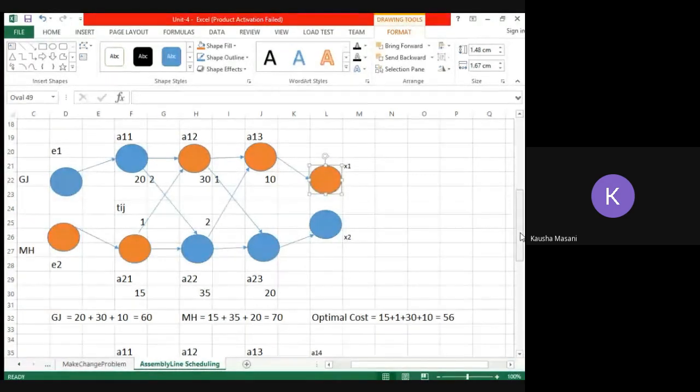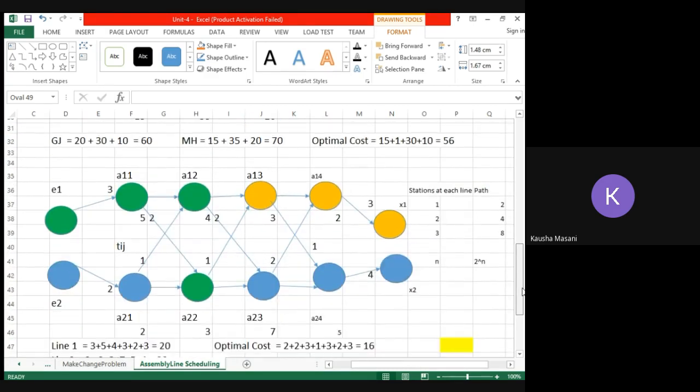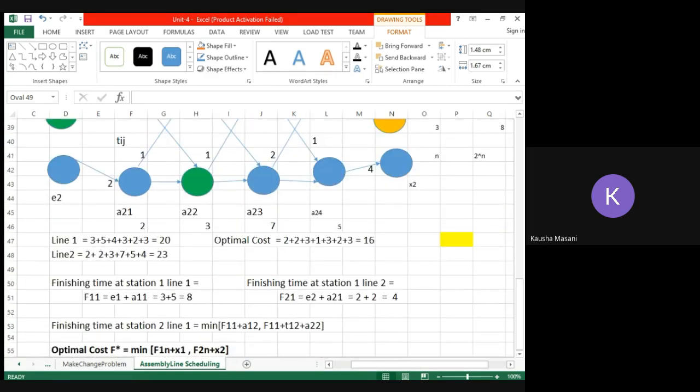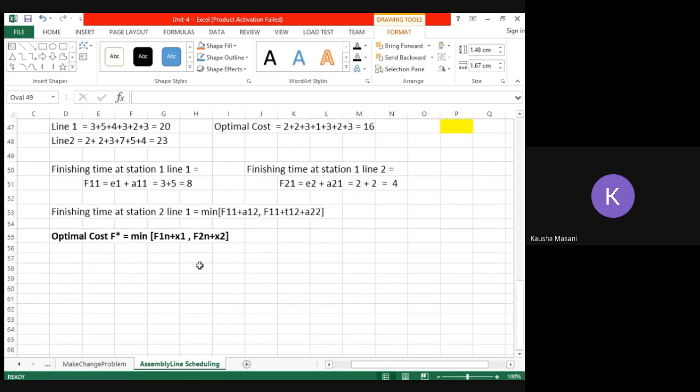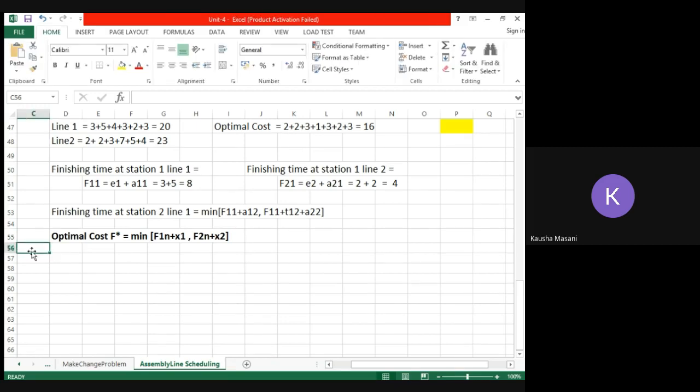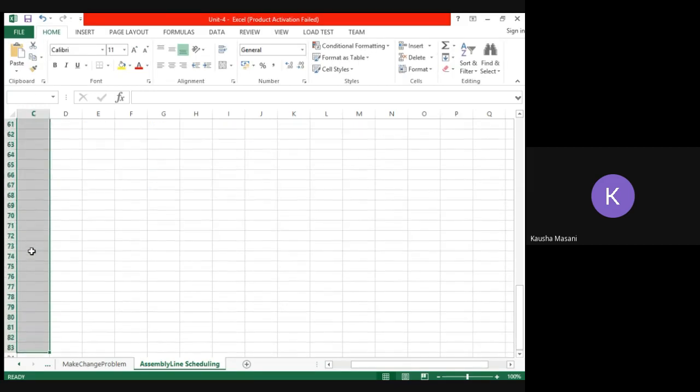Now this is what we are doing manually, right? Now we are going to apply the actual formulas for this particular topic.